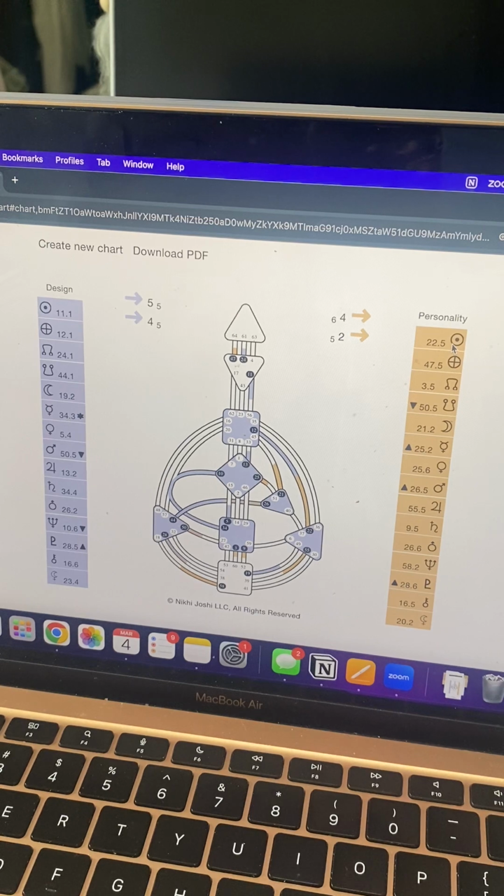In my case, my conscious sun gates, these are gifts that I am very aware of on the right side in this golden yellow color here. My sun gate is 22. Dot 5 is the line that it expresses through, and we'll see if I want to talk more about that.